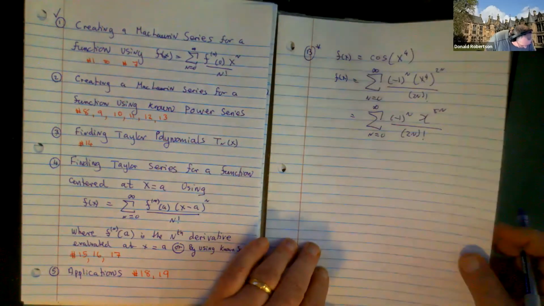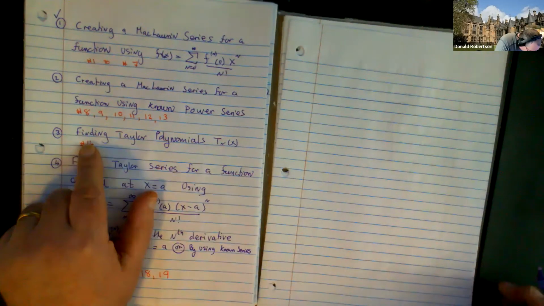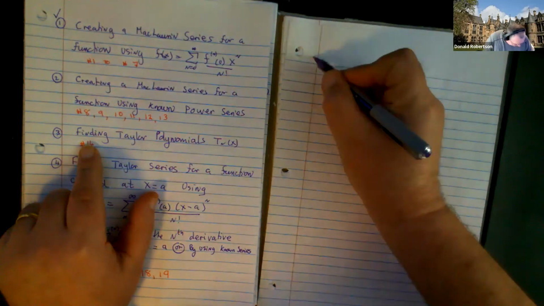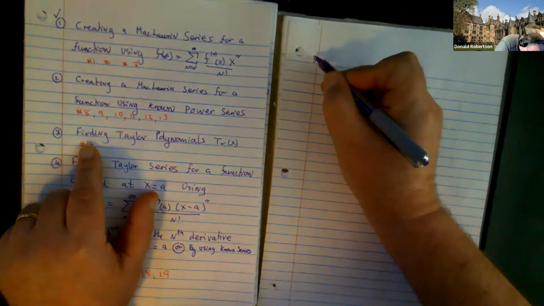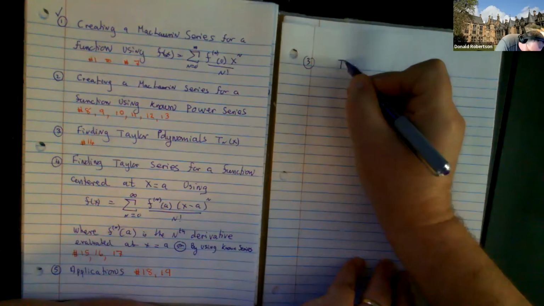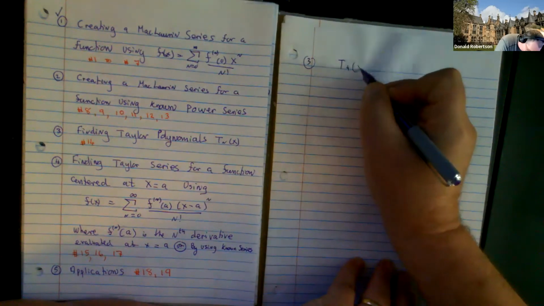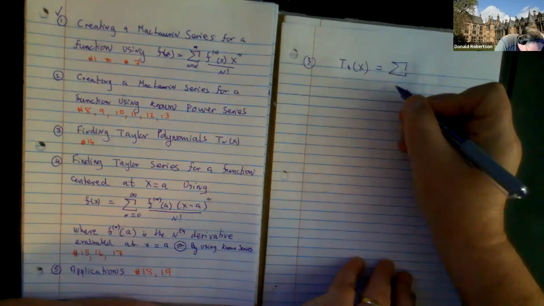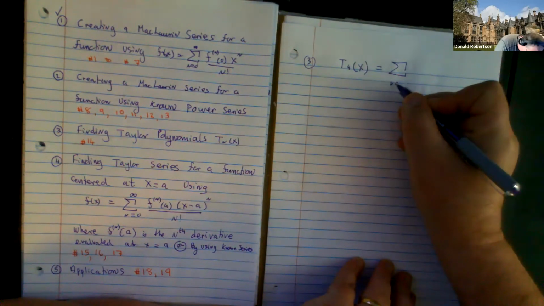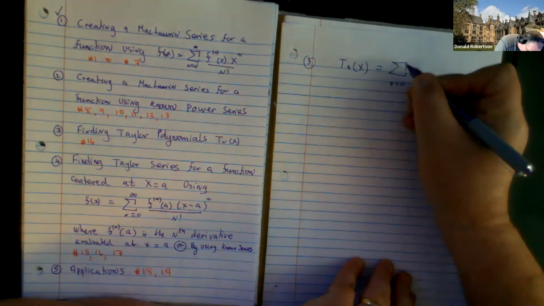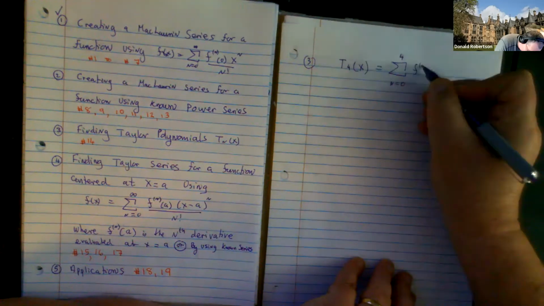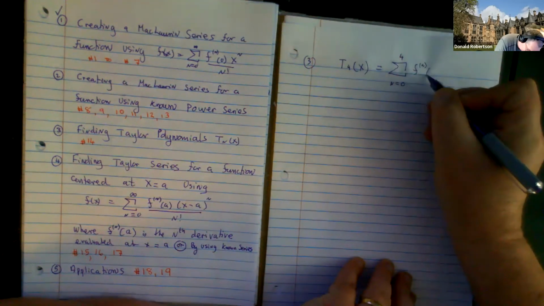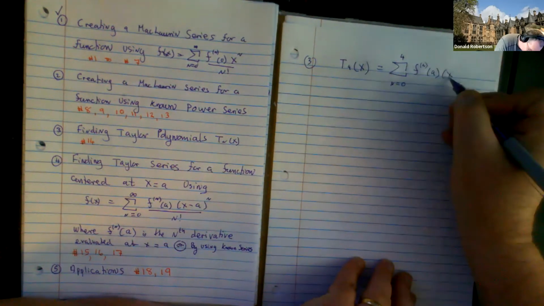Now, we have this little one-off guy, finding a Taylor polynomial. So a Taylor polynomial like T4 is basically just a Taylor series, which is n equals 0 to 4. And it's the nth derivative at a, x minus a to the n over n factorial.